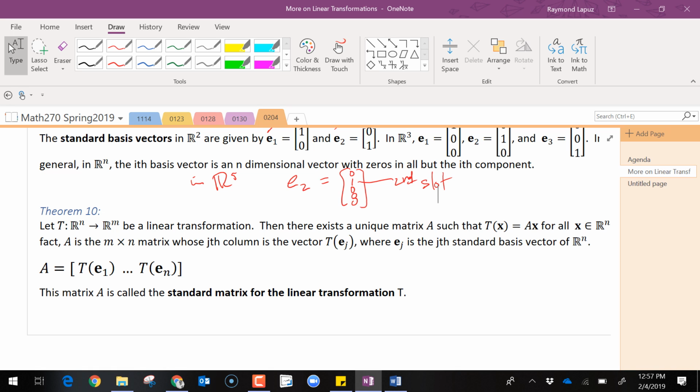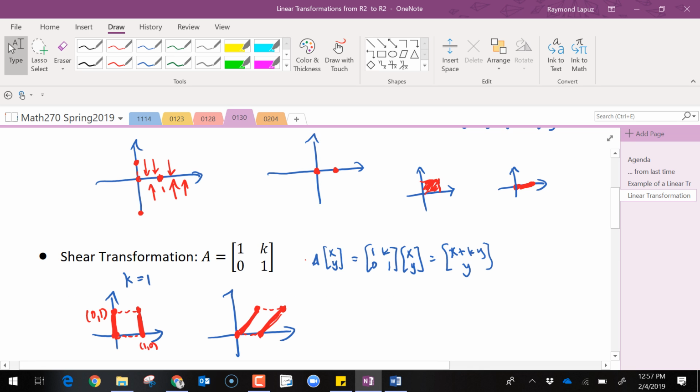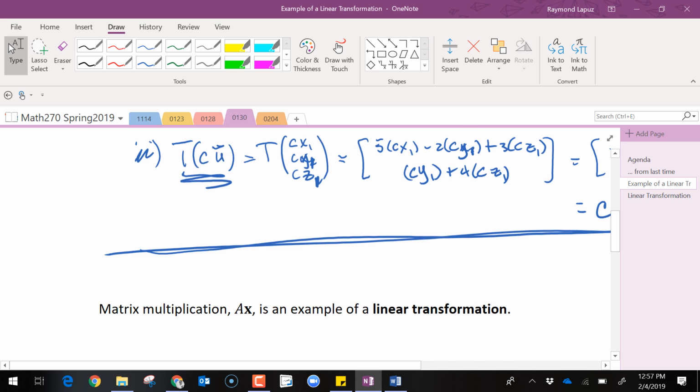We kind of saw that already when we were doing some examples, but let's take a look at how this theorem applies to one of the examples that we've done already. So I'm going to look back in our notes and see if I can find an example of a linear transformation.